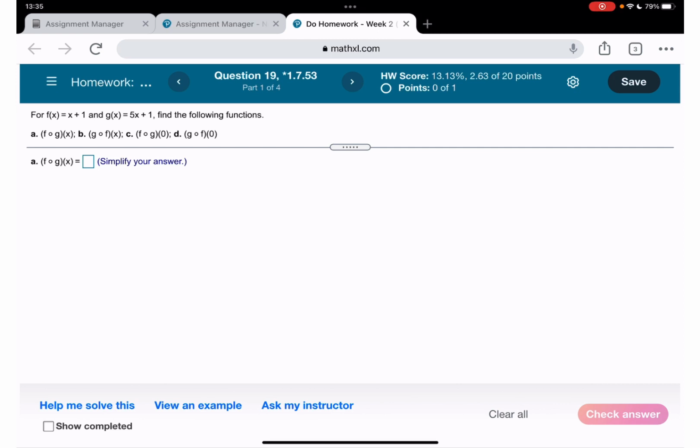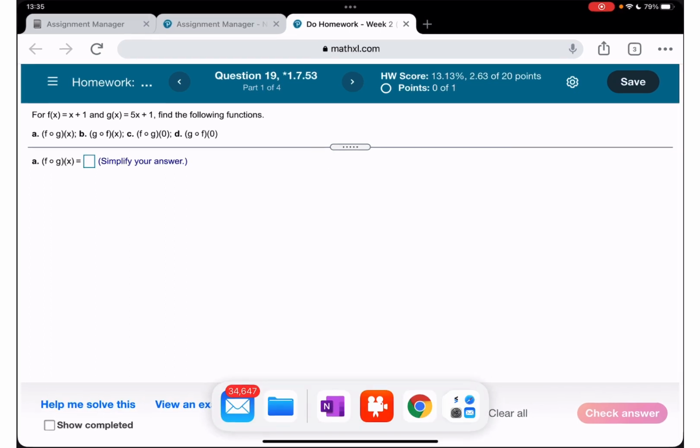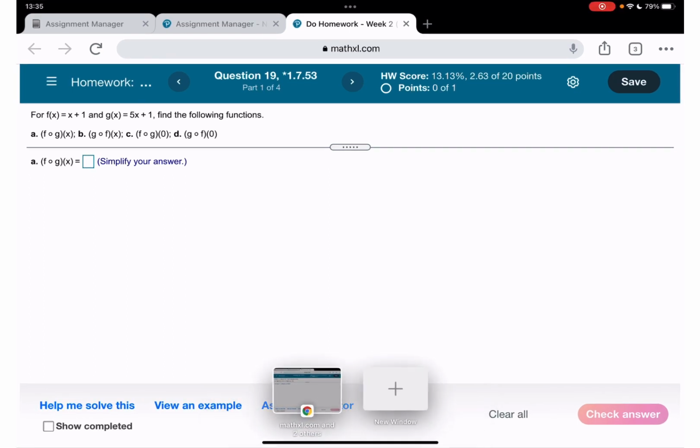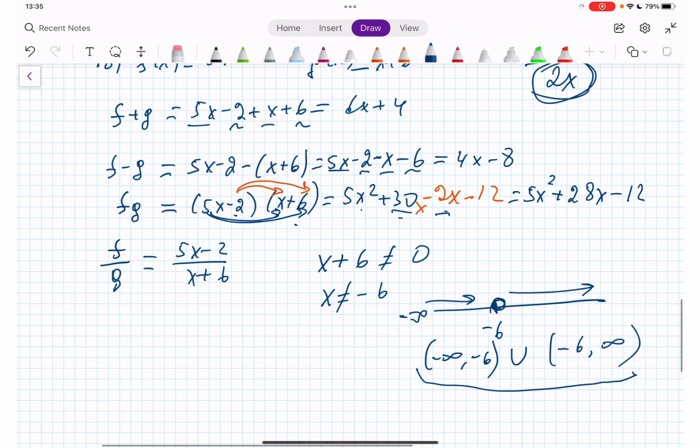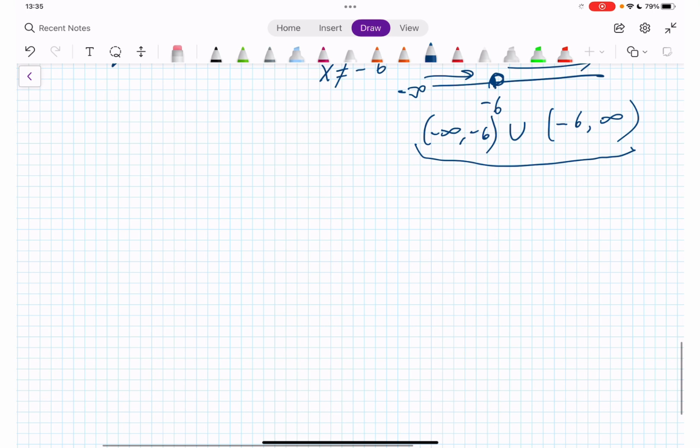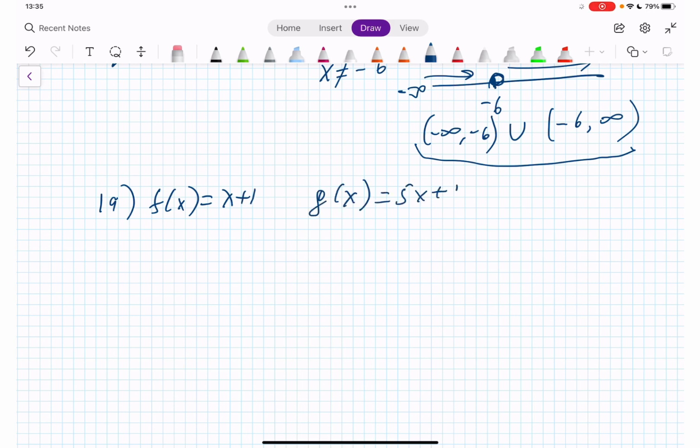I'll just do this so you can watch it. Number 19. So we have f of x is equal to x plus 1. G of x is equal to 5x plus 1.